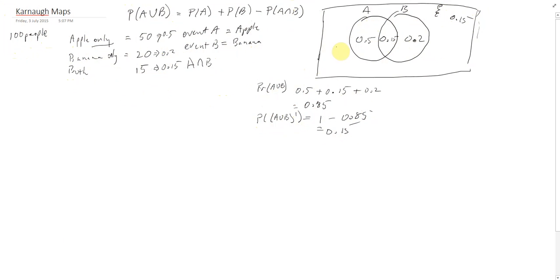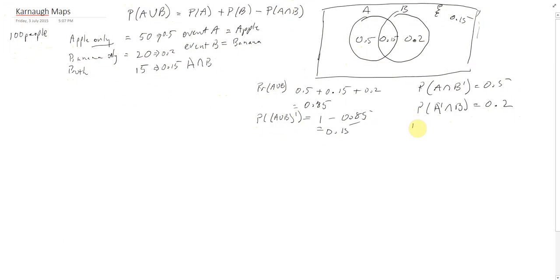So now, let's just write some better symbols down for these things. So this is 0.5, apple only. That is the probability of an apple and not a banana. This bit here is the probability of a banana and not an apple. So not an apple and a banana. 0.2.